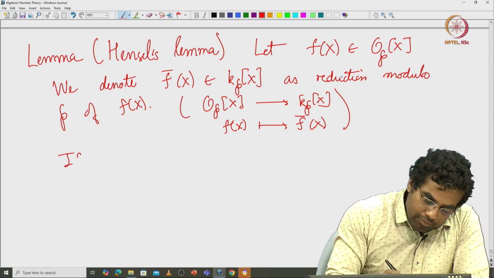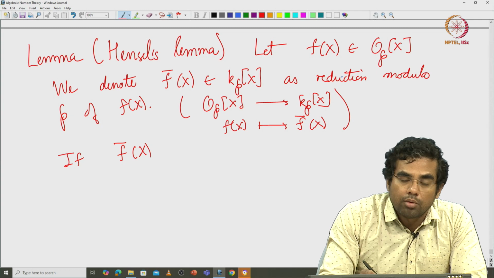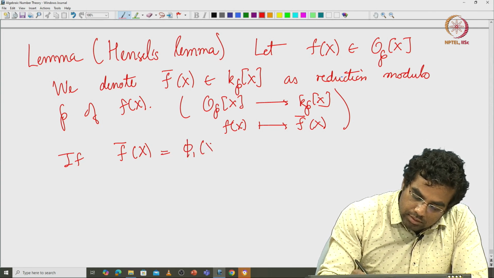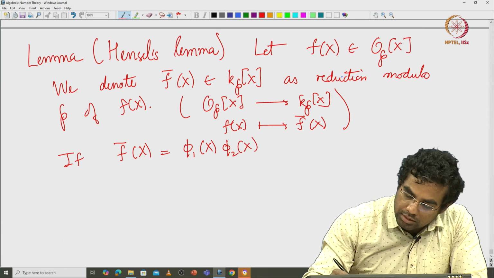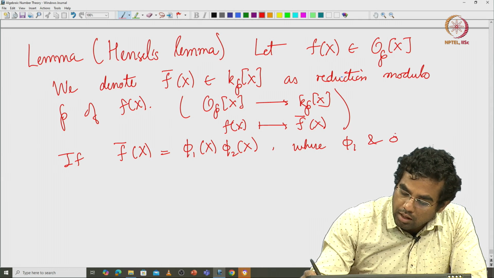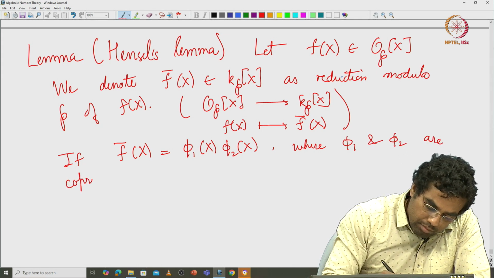Now, if this reduced polynomial, this polynomial mod p, factorizes as a product of two polynomials phi 1 and phi 2 where phi 1 and phi 2 are co-prime.